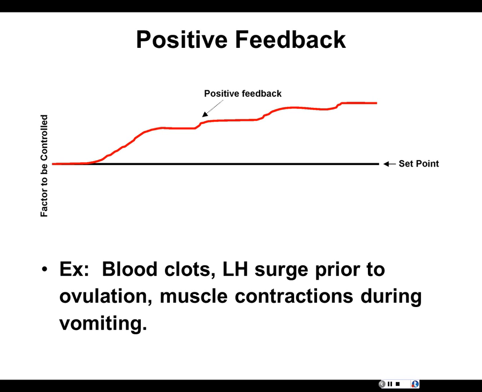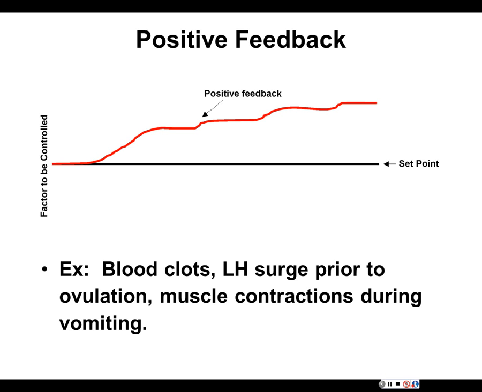Let's say this is LH levels in a female, but she's about to ovulate. And so the LH levels will increase and then increase and increase and increase. And so we clearly can see what? A rise. Okay, so we're getting further away from set point. We're continuing something. Does that make sense?